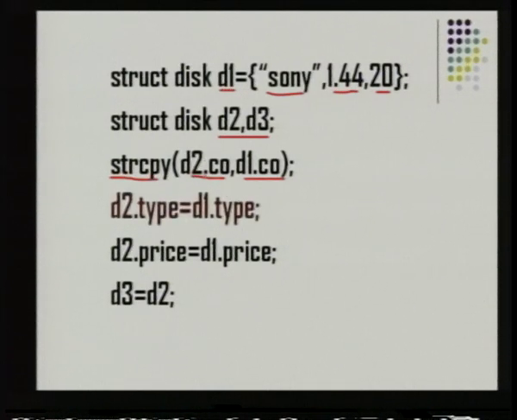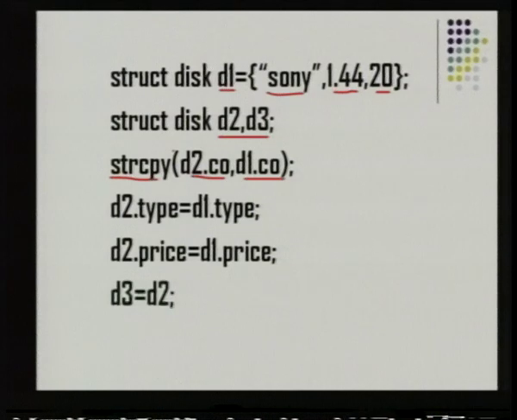The next step I am copying the float value, D2 dot type is equal to D1 dot type. I am assigning the value from D1 to D2. Third step, the integer value, price from D1 to D2. So this is one way of copying the elements from one structure to another. This is also very simple, where I am taking each member of the structure and duplicating its values from one structure variable to another.